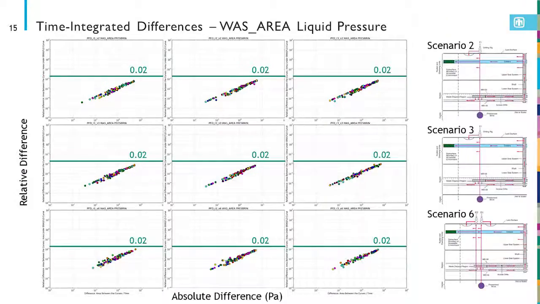So now I'm just showing you the relative difference versus absolute difference for waist area liquid pressure in, from left to right, replicate 1, 2, and 3 in scenarios 2, 3, and 6. And the only thing that I want you to get out of this plot is that for all 900 of these simulations, there was a less than 1% difference in the Bragg flow and PFLOTRAN results.